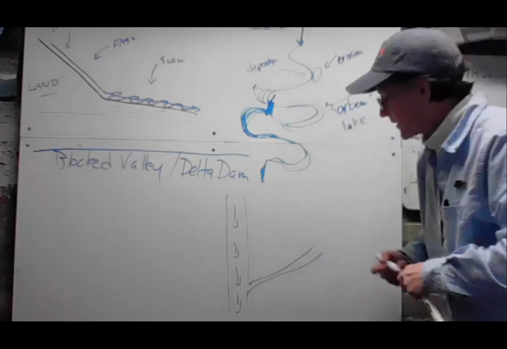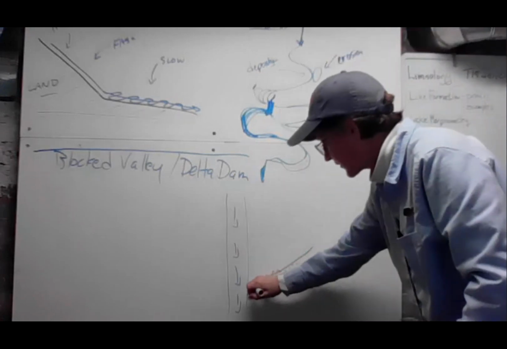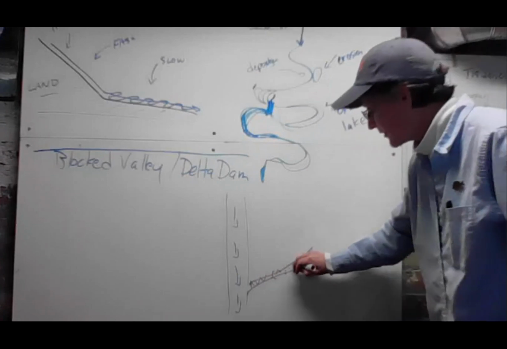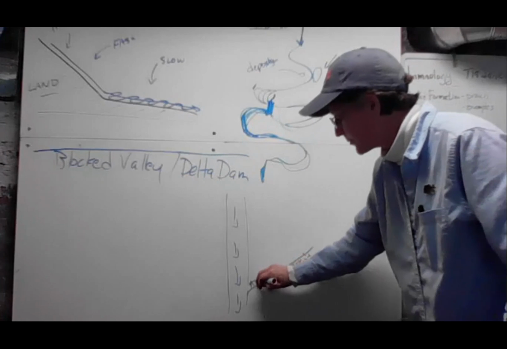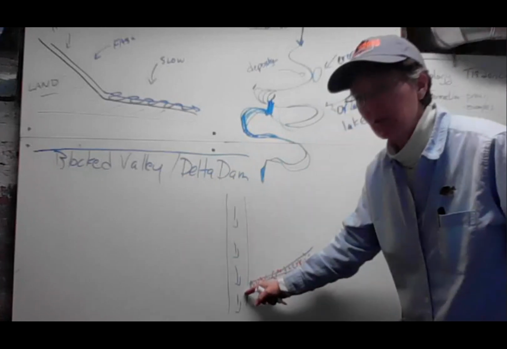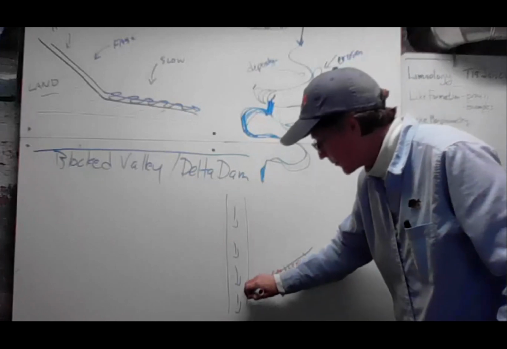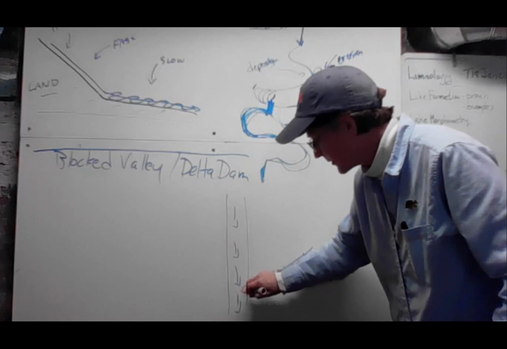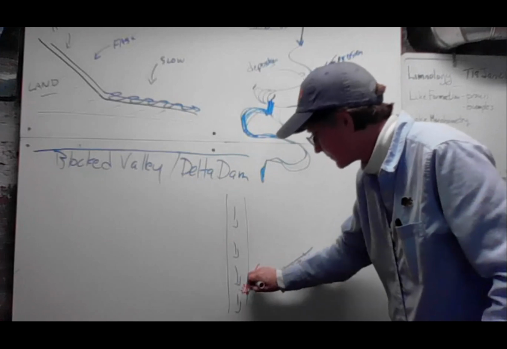Well, an awful lot of that sediment, I'm showing a lot of mud, I'm showing, you know, sand, right? It's a fast enough moving river that it's carrying sand. But when it hits this big slow moving river, the water slows down and the sand gets deposited. And what do you get? You get a delta.